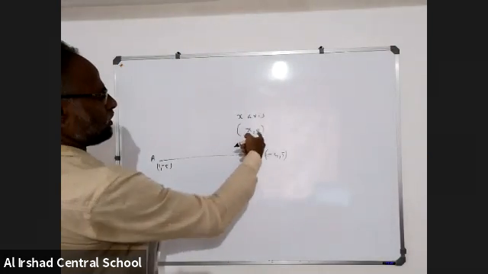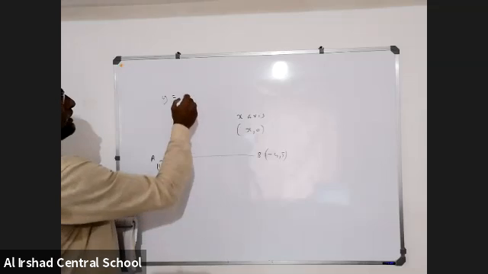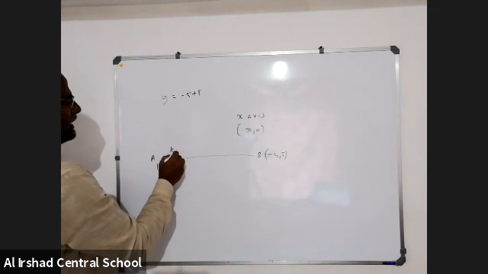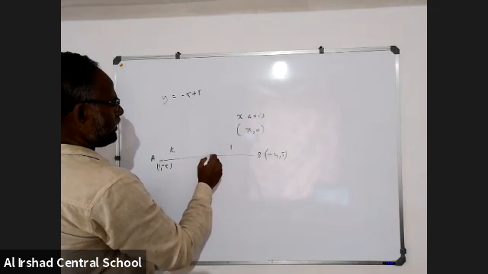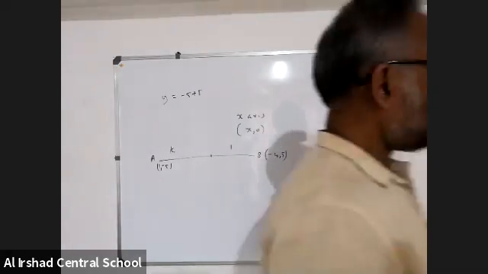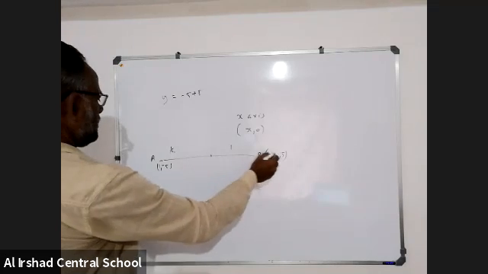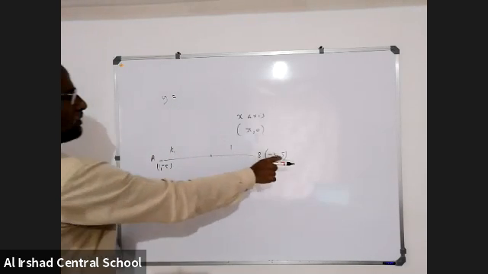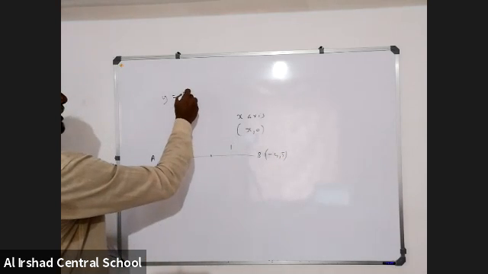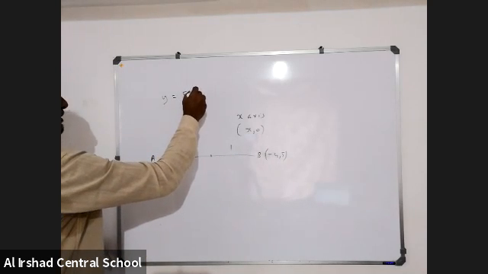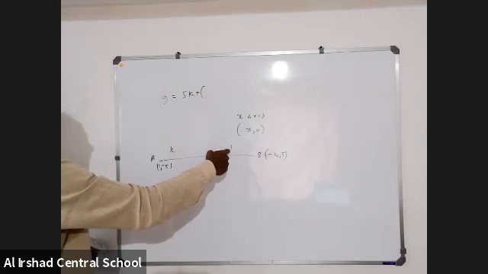What is the y coordinate? It is 0. Now from here take y is equal to... We don't know the ratio, so we are taking K is to 1.